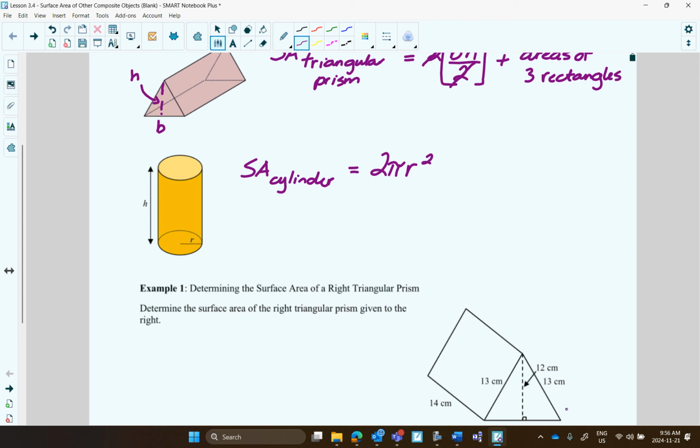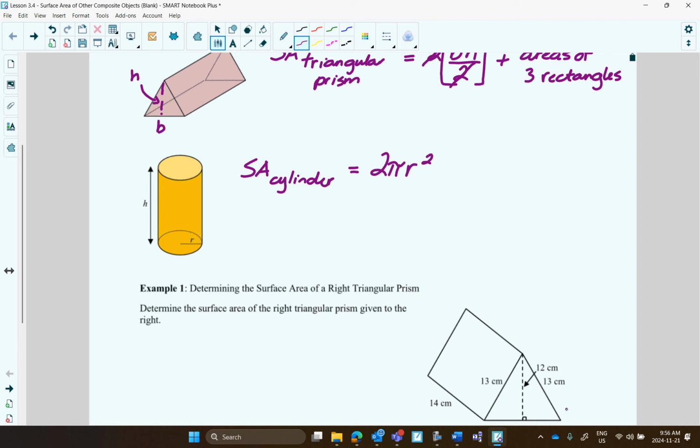Now, what about the curved part in the middle? How do we find the surface area of a curved part? Well, think of it like this. Let's say this is a cylinder without the circles on the ends. If I sliced the curved part and opened it up, what shape? A rectangle. And isn't this the circumference of the circle? Doesn't that equal the circumference of the circle?